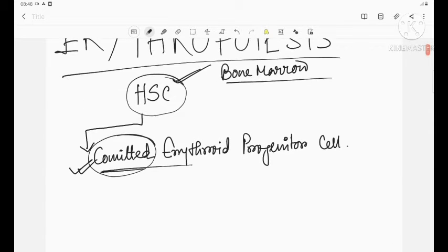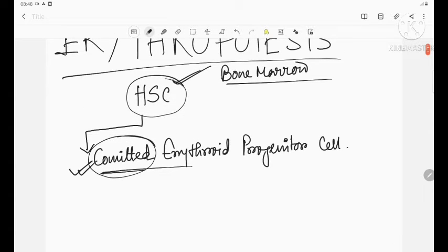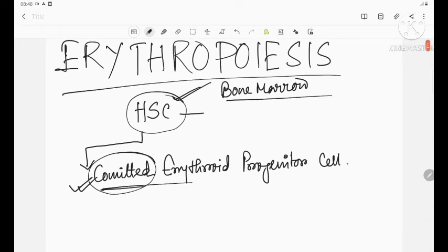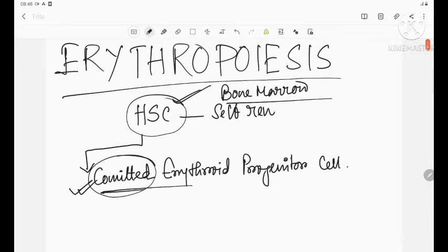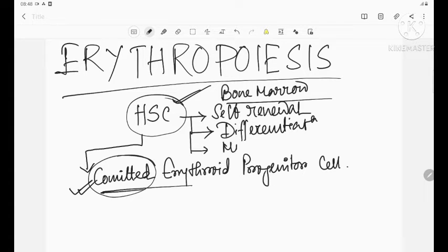Okay, so this hematopoietic stem cell has various capacities. They have the self-renewal property, they have the property of differentiation, they have the property of multiplication.